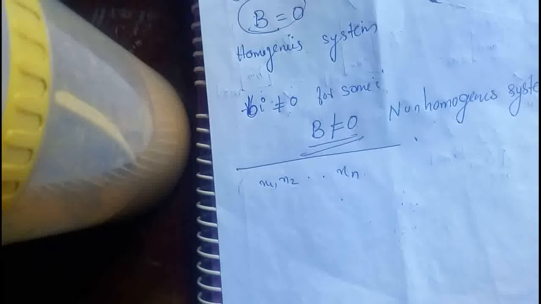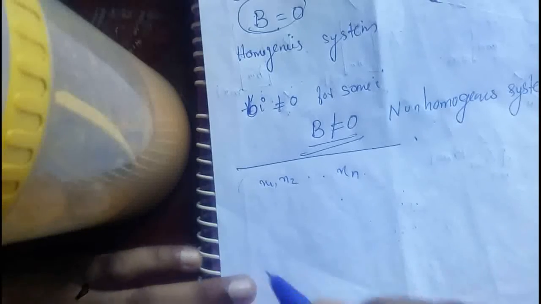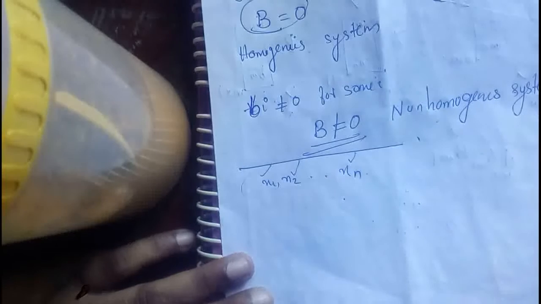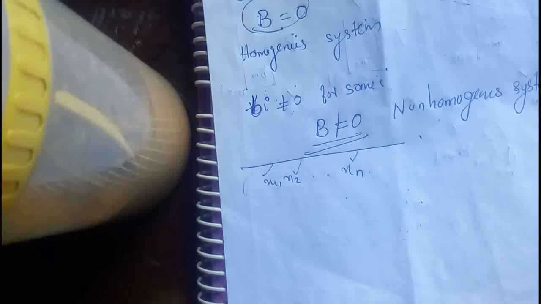So we have m equations and n unknowns, and we need to find a solution. If we got the values x1, x2, etc. xn, then those values are the solution of the set of simultaneous m equations.